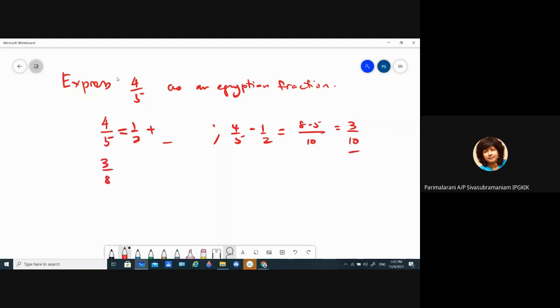So 3 over 10, what fraction can we subtract from this? We know this is less than half already. So we want to check, is this 1/4? Can we use 1/4? Okay, so 3 over 10 minus 1/4.